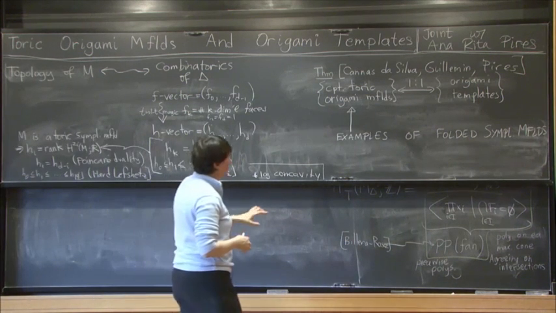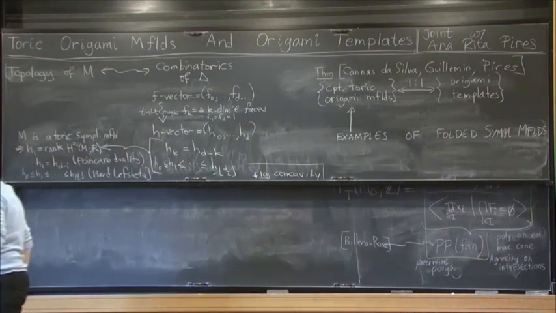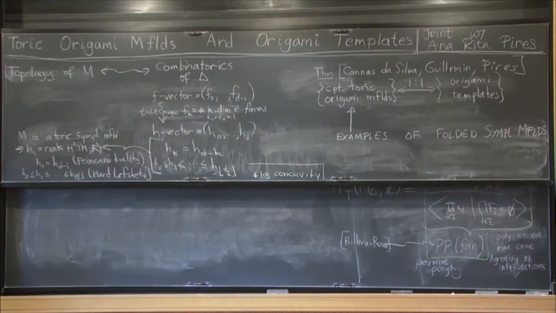And the point is, understanding which manifolds are symplectic is a slightly subtle question, but understanding which manifolds are folded symplectic, it turns out, has a very nice topological interpretation.